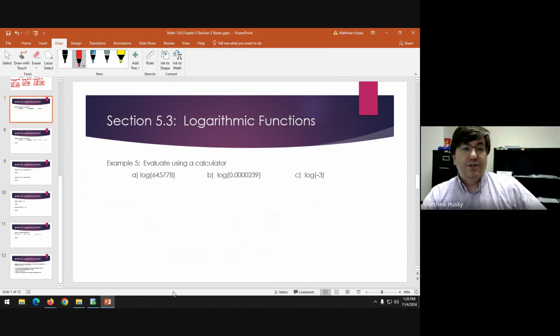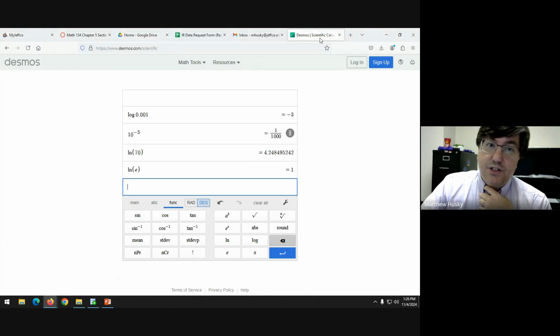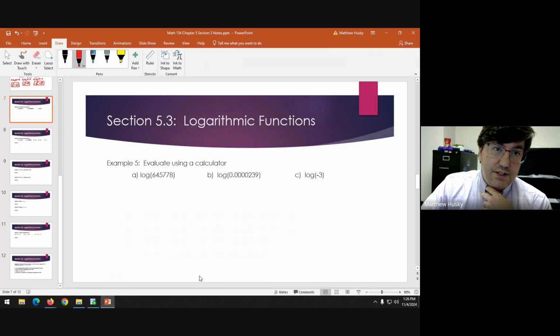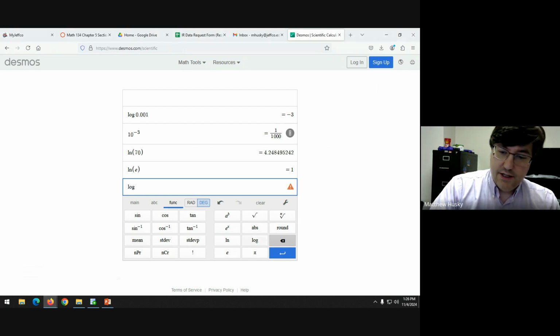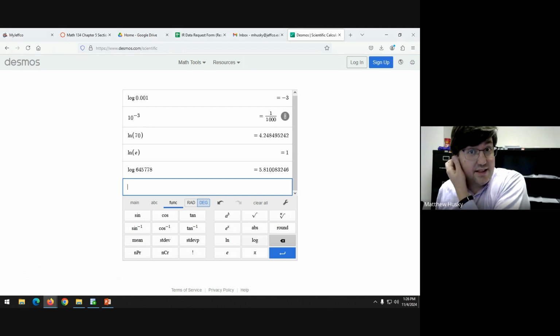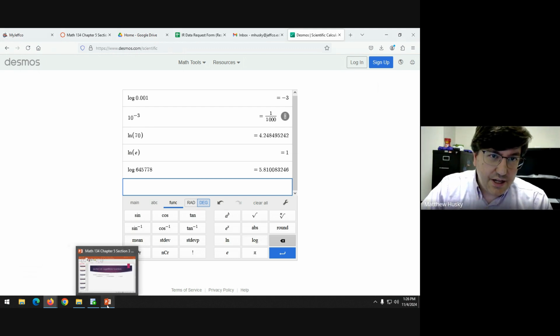Other calculators, you just type them in the way it's written. So if I do log 645,778, that's almost exactly 5.81. So that's what that one's going to be equivalent to.